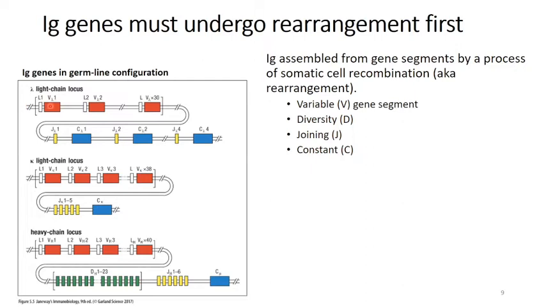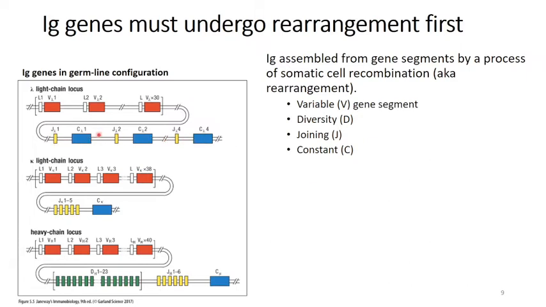So whenever you see a V, that's a variable gene segment. And if you look down the list here, you'll see in that lambda chain there's about 30 different variable gene segments. And then a bit further down, we've got these J, which are the joining segments.